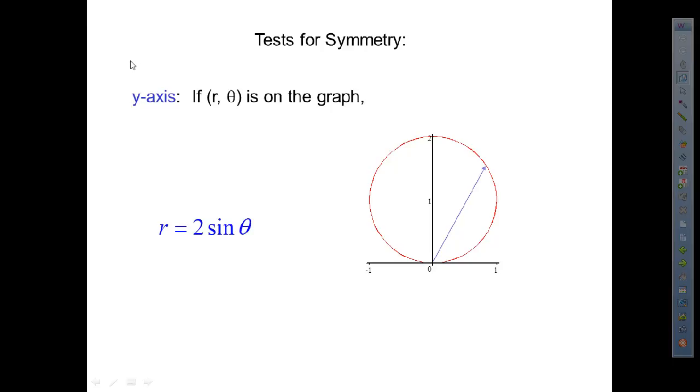And if we have y-axis symmetry, it means that if r, theta is on the graph, then so is r, pi minus theta, or negative r, negative theta.